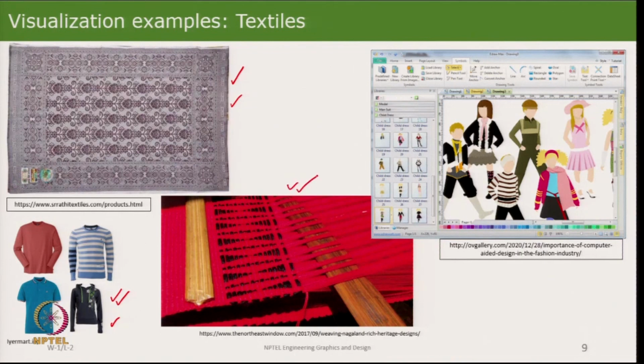The picture here, this one, is a weaving loom from Nagaland, and there are such looms which have been in use for hundreds of years. This is completely a manual process, and it takes a lot of time to weave, say, one shawl or one carpet, but in the end their creativity also shows up as extremely beautiful, aesthetic and nice looking designs.